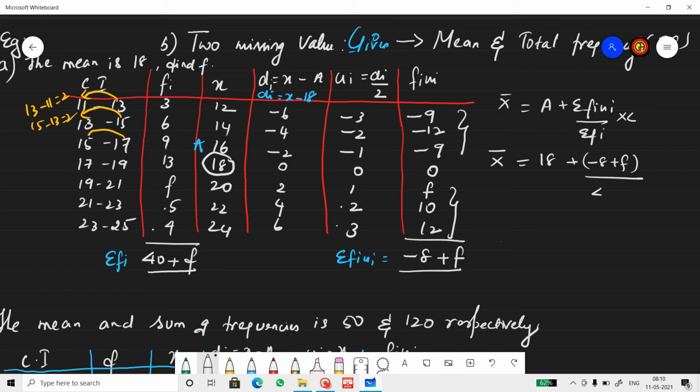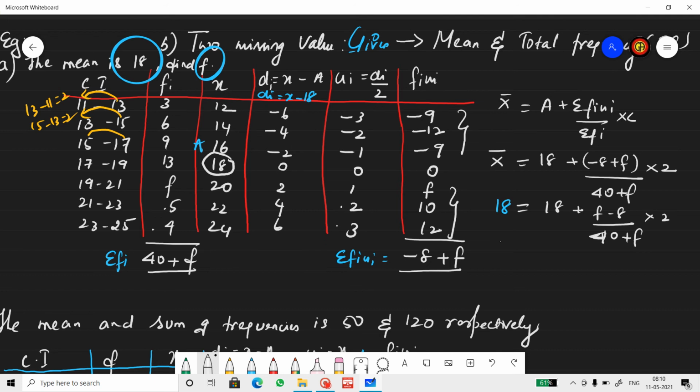Sigma fi we got as 40 plus f. Class mark is 2. And mean value is given in the question. This is what I said in the beginning. If there's one missing information, mean will be given in the question. So mean is given as 18. So this will be 18 here. So 18 equals 18 plus f minus 8 by 40 plus f into 2.